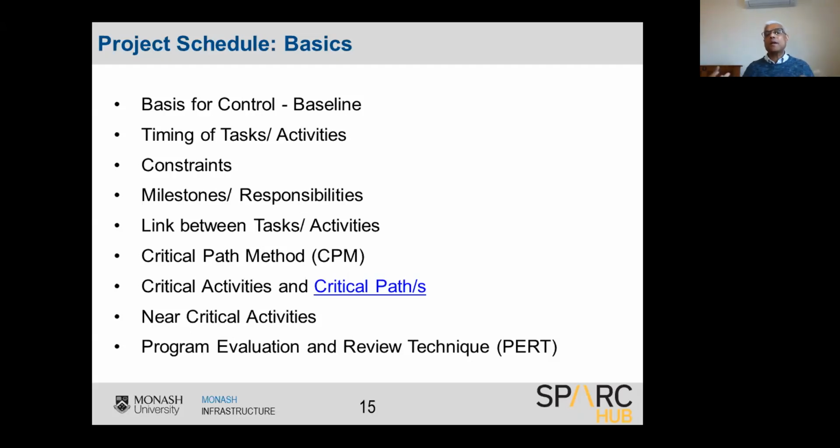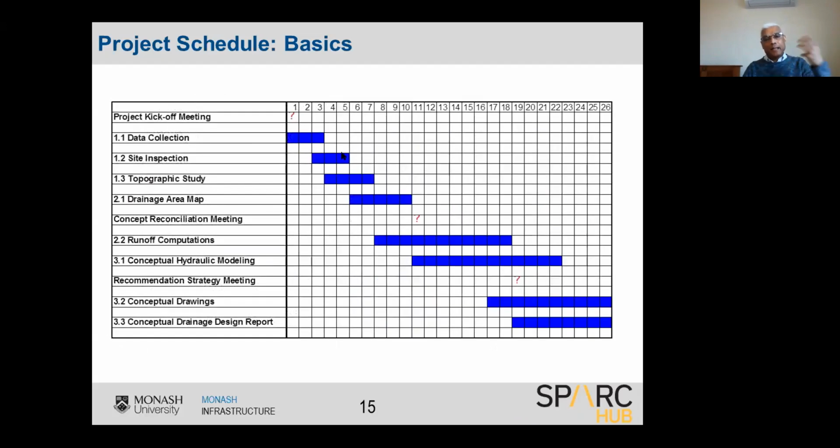So you have to work around in that sense, and that needs to be incorporated into the schedule. If you look at a schedule like this, these activities need to be moved around with respect to that constraint. That's the other requirement when you look at the scheduling.